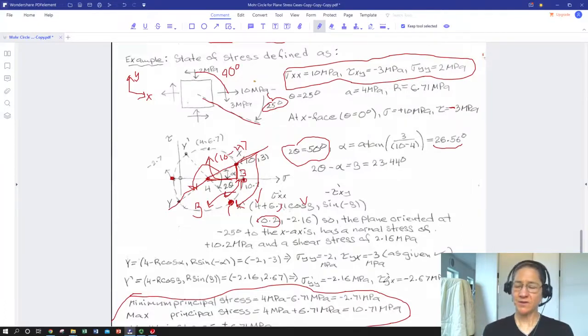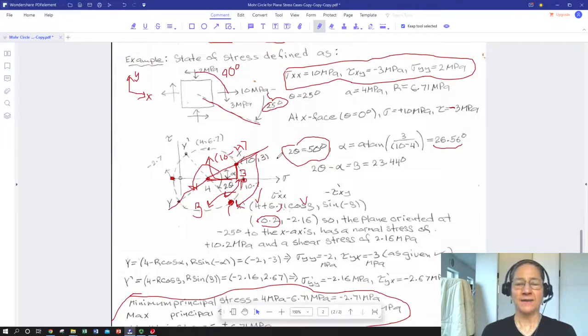When we plot the circle and we start looking at angles in the circle, we can find that angles in the circle with reference to our sigma and tau axes correspond to double what the angle would have been in the part, and that we can use trig to find literally what our x-axis was with respect to our principal normals, which are where the circle touches the sigma axis on our Mohr circle.